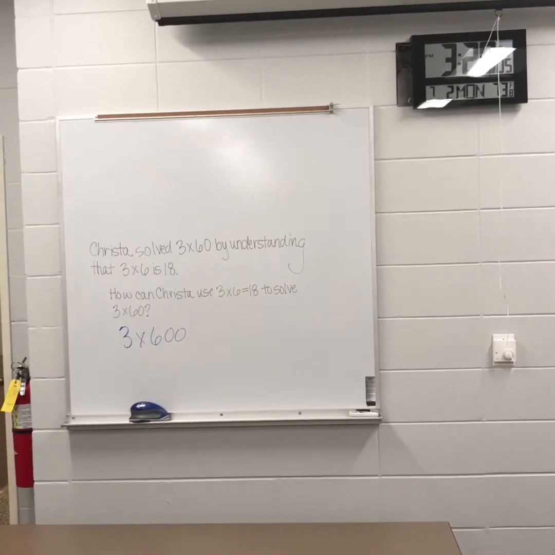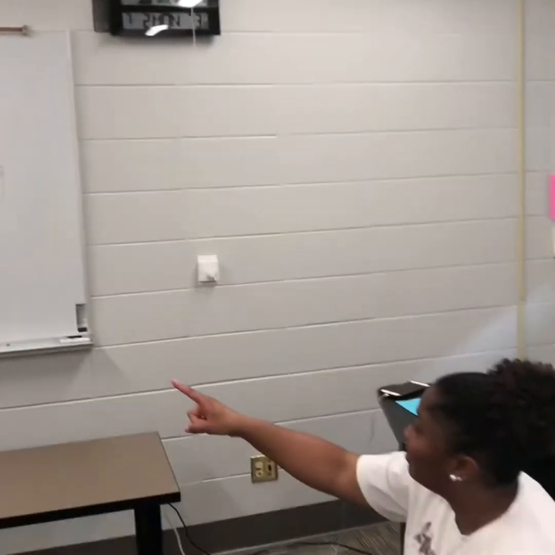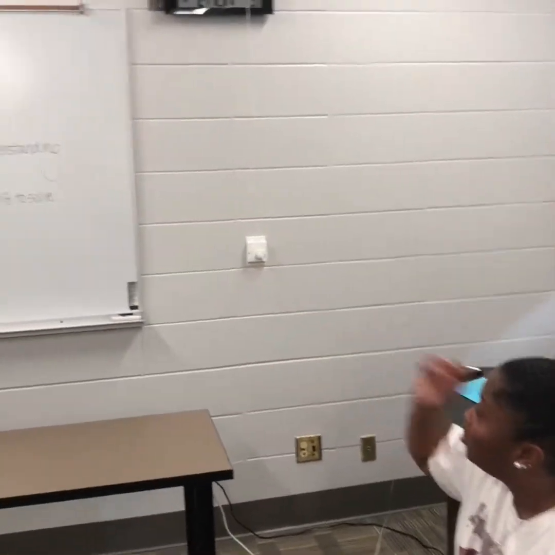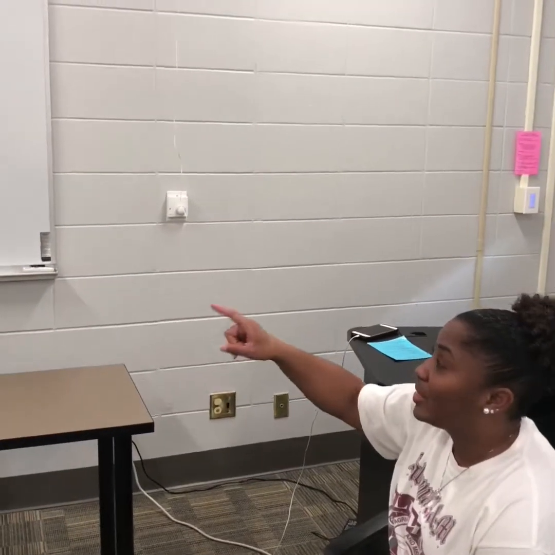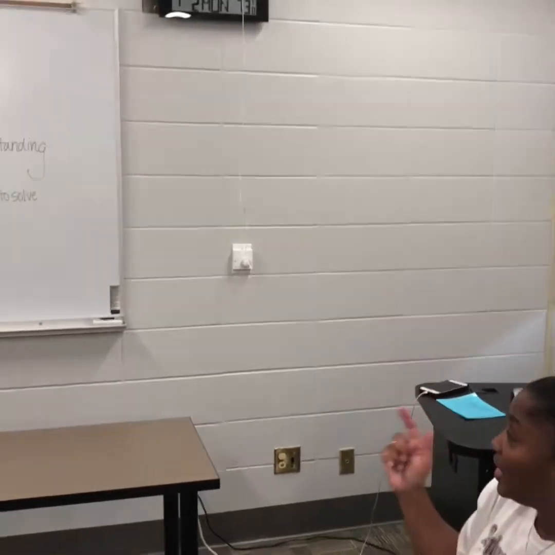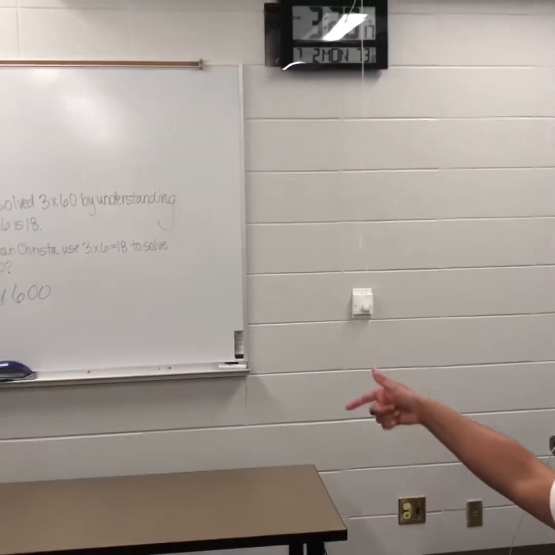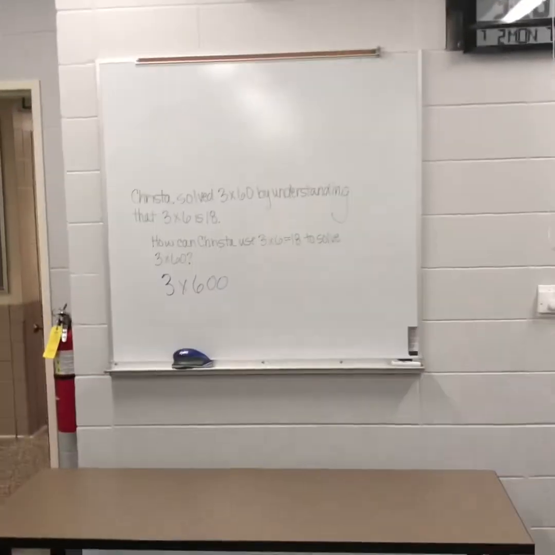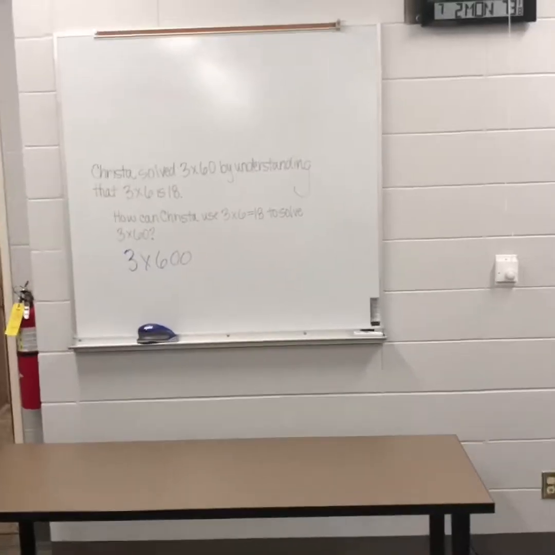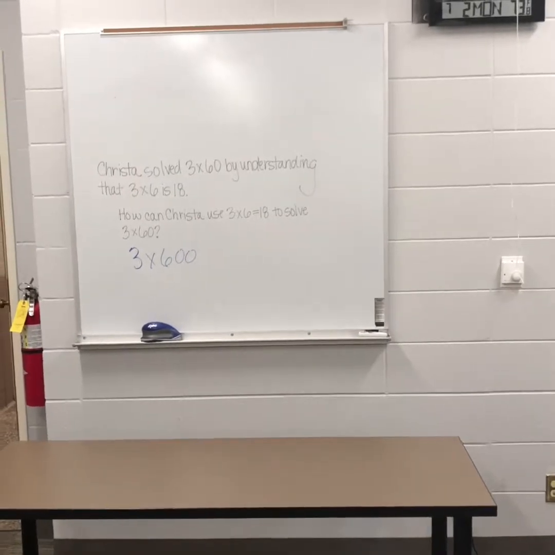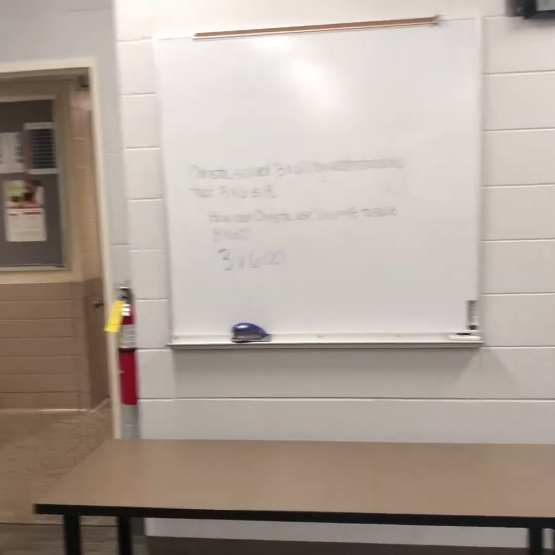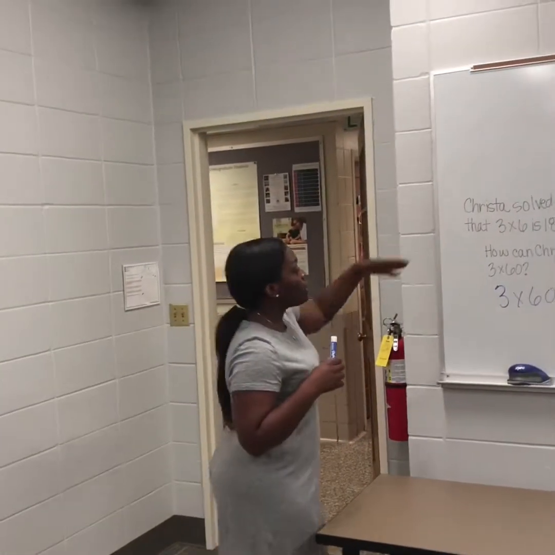And then in this new problem, we are multiplying a single digit number by hundreds. So if 3 times 6 was 18 and 3 times 60 was 180, and we added a 0 to each one, then my assumption would be that 3 times 600 would probably be 1800. That's right.